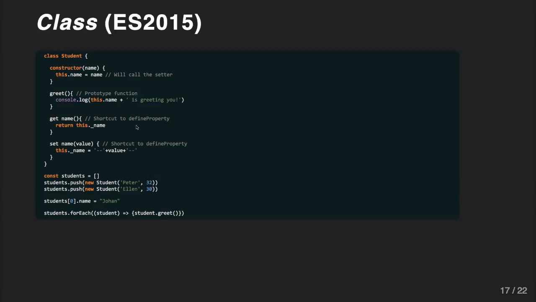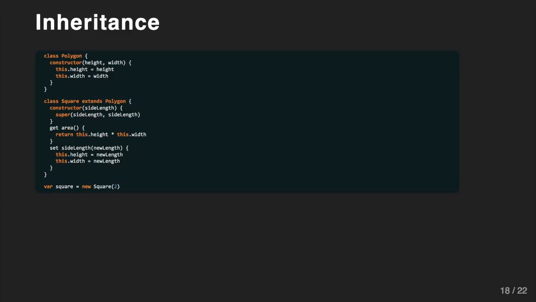So you look at this model when you want to do something. If you want to use a class, instead of doing the prototype inheritance, you can now do things like this. Class Polygon has a constructor with a height and a width.